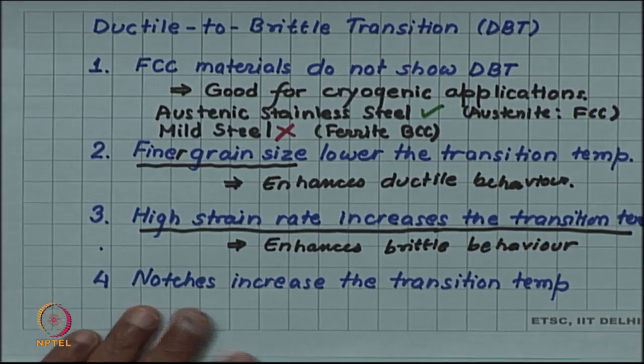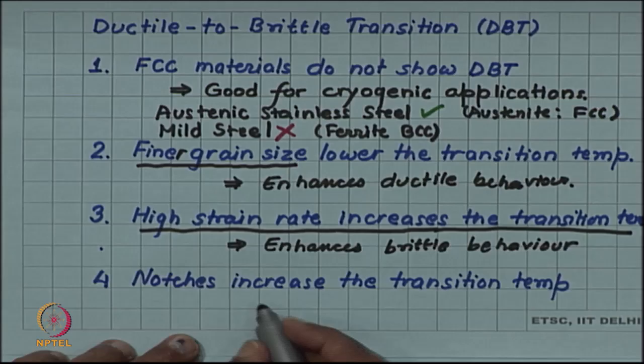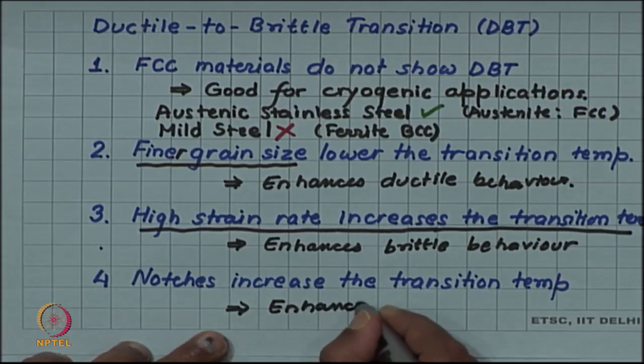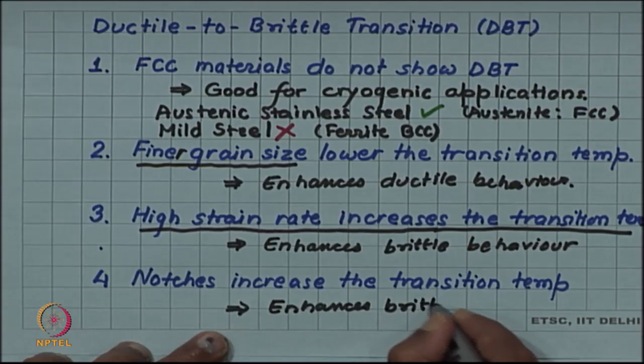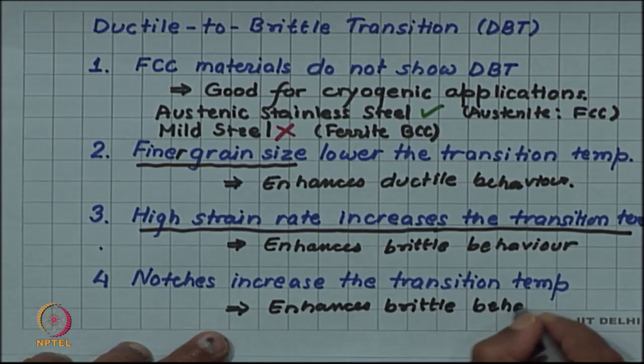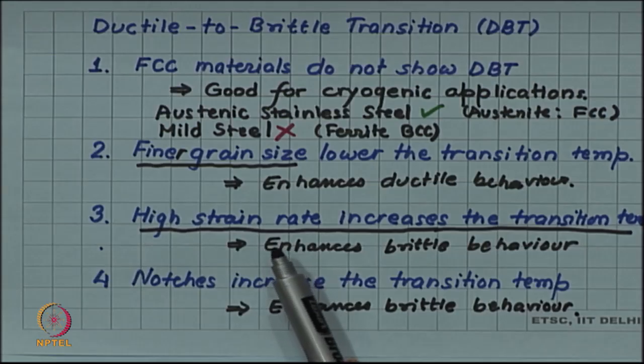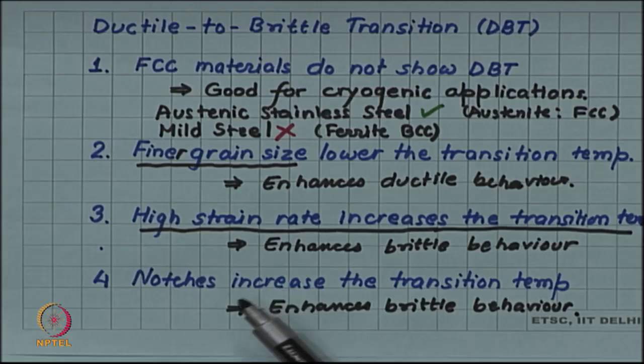And if notches are present in the material, that also increases the transition temperature, that is, it enhances brittle behavior. We have seen that notches also give a stress concentration. So, in any case, the presence of notches and the presence of high strain rate is not good from the engineering point of view and should be avoided as far as possible. And if they are present, we should take care of their presence carefully in our design.